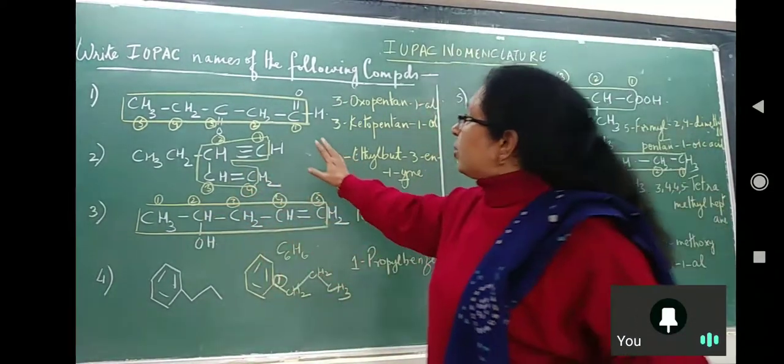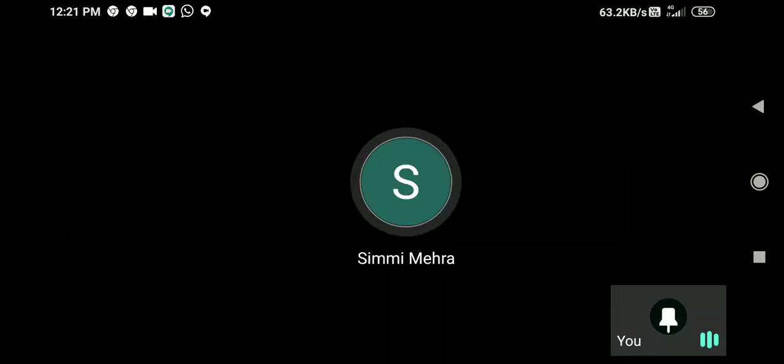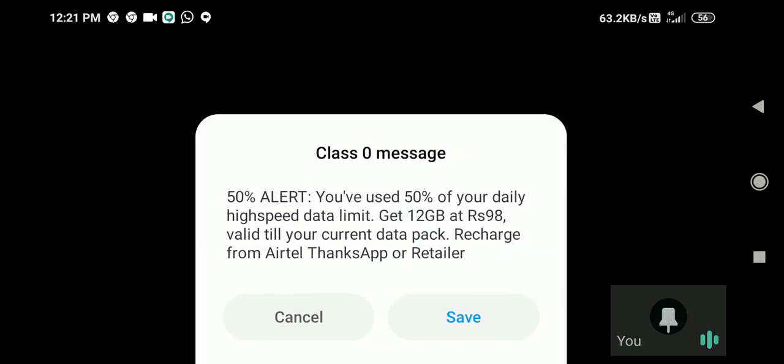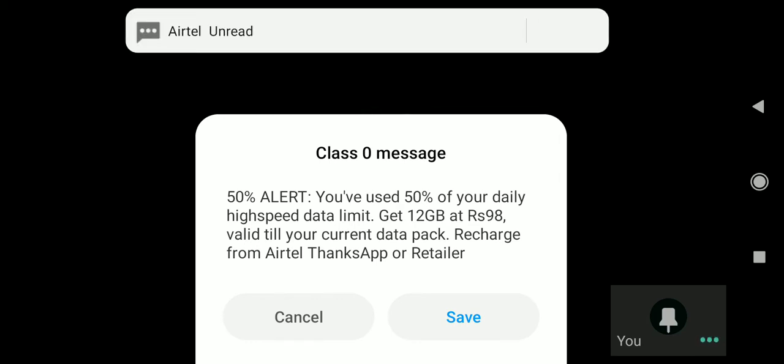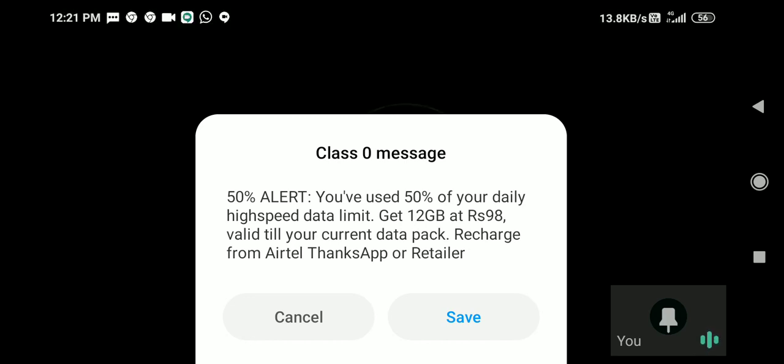This is known as condensed formula. You are condensing all the bonds at the carbon atom. But bond line formula, we can also name them. So in our next class, we will be doing this. Hope the concept of IUPAC nomenclature is somewhat clear to you. Okay?